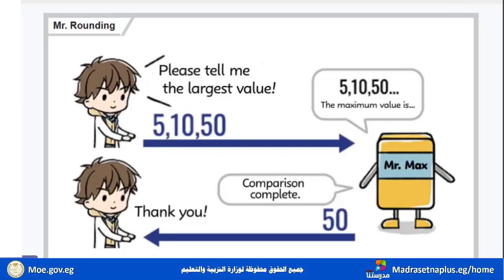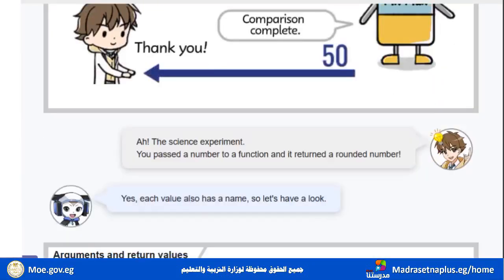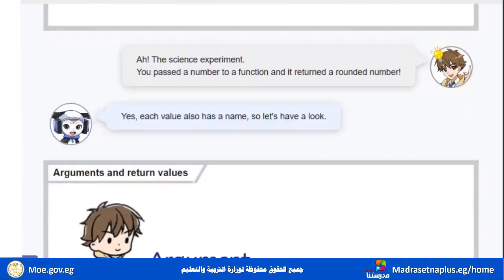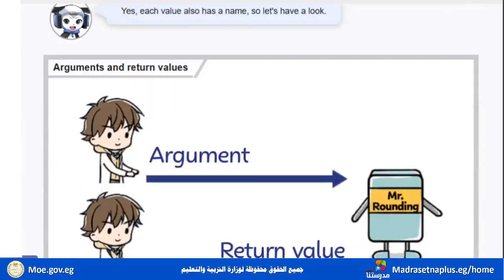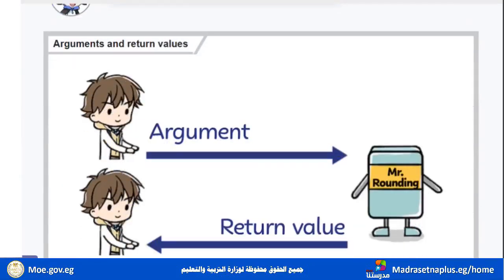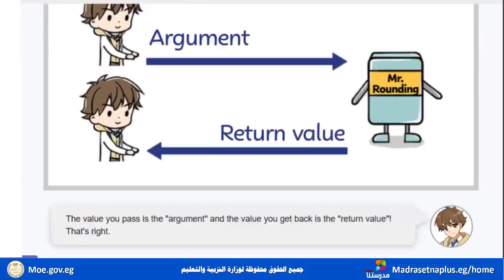Now, Mr. Max takes a range of values, for example, 5, 10, and 50, and returns the maximum value after making a comparison. Now, we also have studied the arguments passed to each function and the return value of each function.